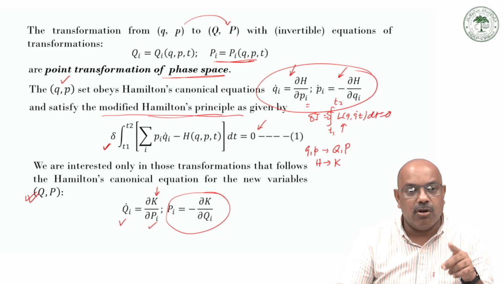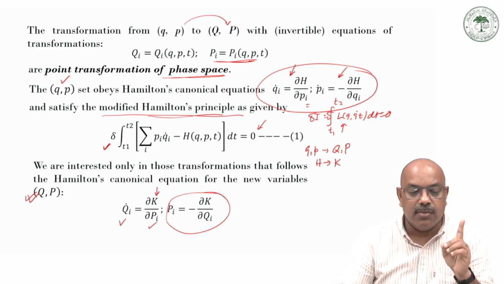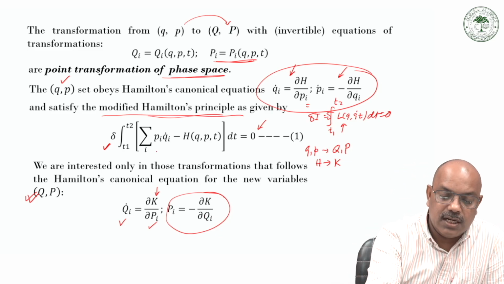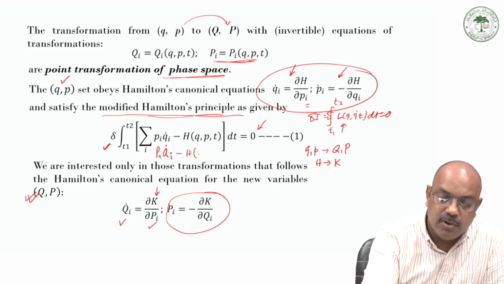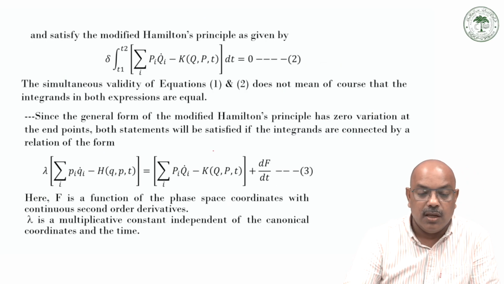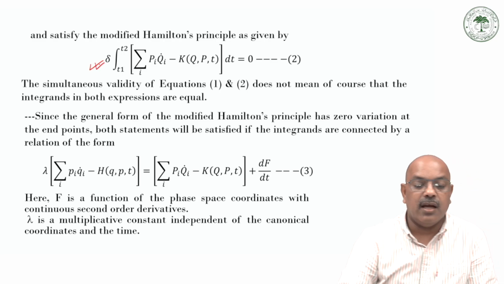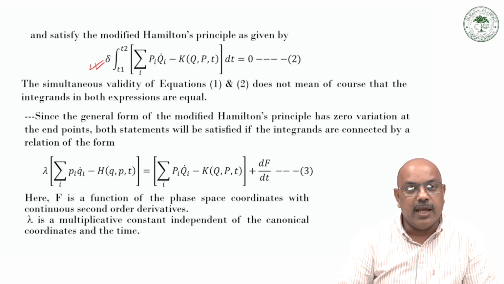It also has the same form of the Hamilton's principle, with P_i Q_i dot minus H depending on Q, P and t, and this also satisfies the modified Hamilton's principle as always.